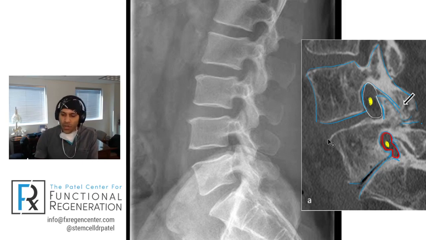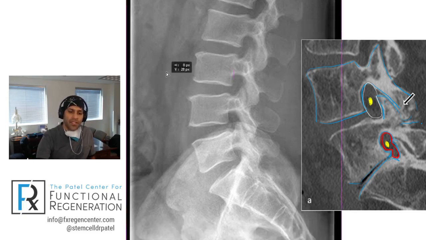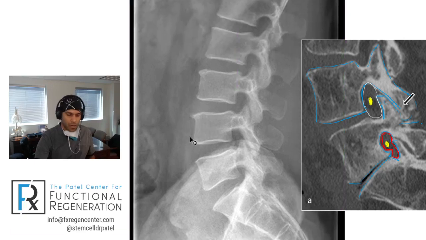Because if we can strengthen the muscles around the spine, then we can take pressure off of the low back, off of the facet joints, and decrease the pain, right? That can alleviate a lot of the pain.